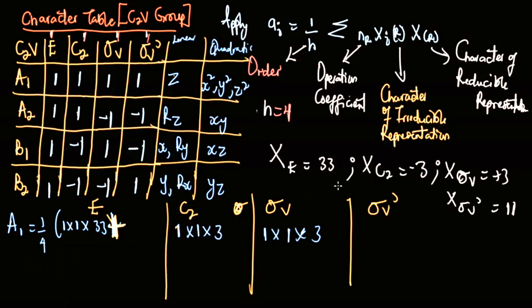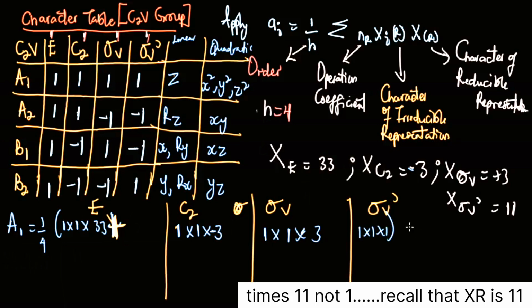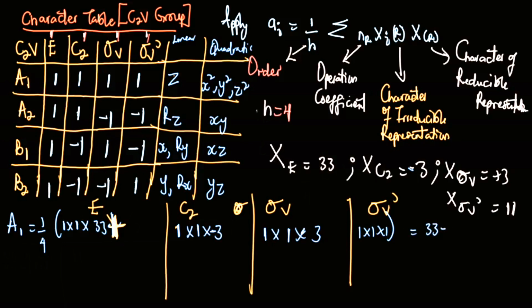Recall that this C2 is negative 3, so please put negative 3 there. The last one is 1 times 1, N is 1, the irreducible is 1, and this is 11. So that will be 1 times 1 times 11. So everything becomes 33 minus 3 plus 3 plus 11. So we have 44 instead.